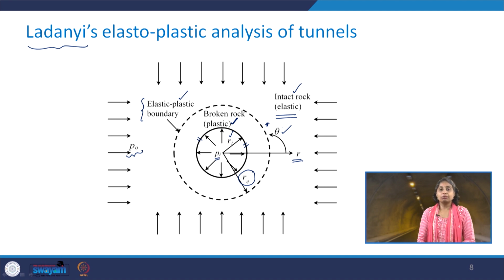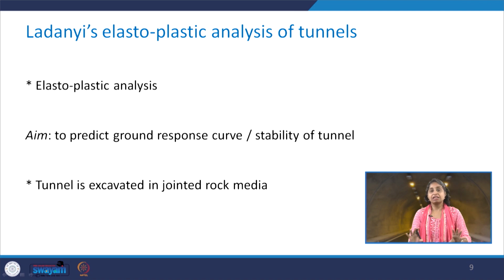Having known all these basic things, here we are going to discuss the elasto-plastic analysis. That means the material is going to behave not in an elastic manner, but in an elasto-plastic manner. The aim of this analysis is to predict the ground response curve or the stability of the tunnel.